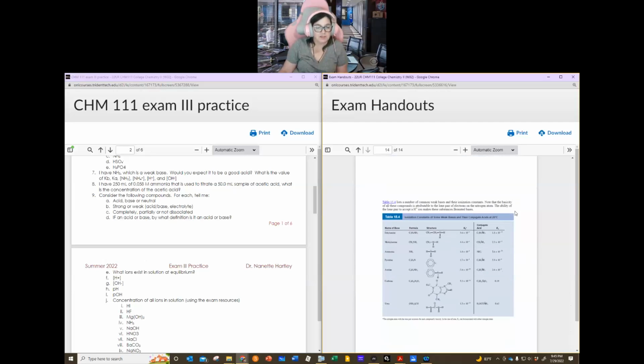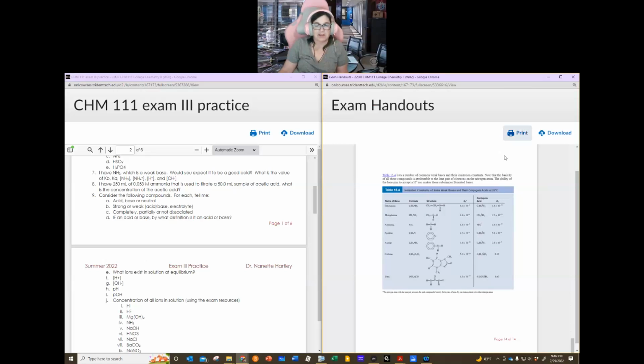Ah, yes. My weak bases. My last page that I didn't have on the other thing. So I apologize for that.